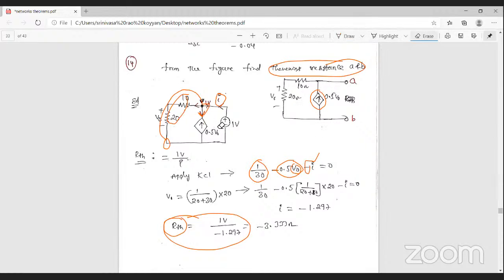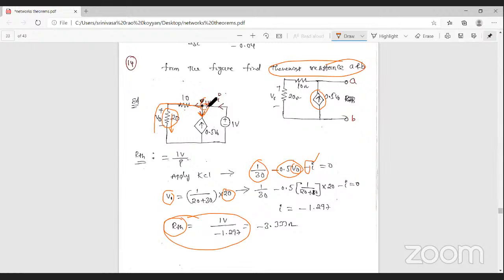So from this network, V naught is equal to the voltage across the 20 ohm. So that is V is equal to the 20 ohm resistance times the current passing through the 20 ohm. What is the current? This current is passing through the 20 ohm. What is the current value here?